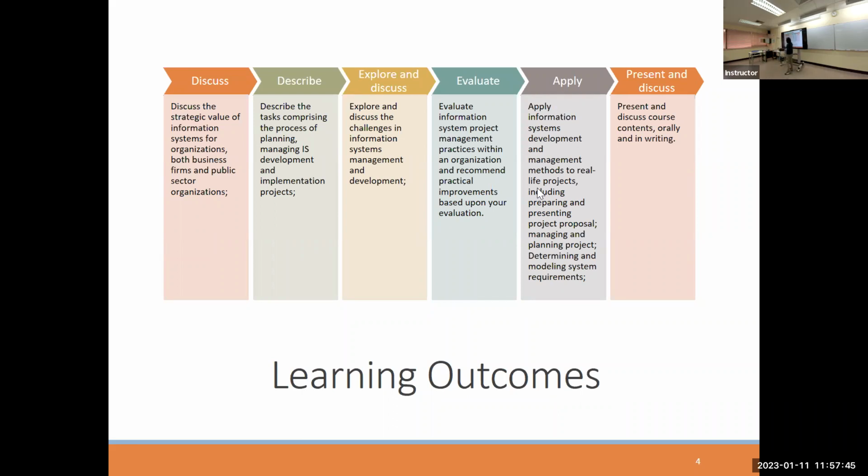The third, of course, in terms of the management and the development of information systems, there are a variety of challenges, especially those leading to failed information system projects, or successful ones. Okay, so these challenges are the thing we need to understand and be able to tackle.